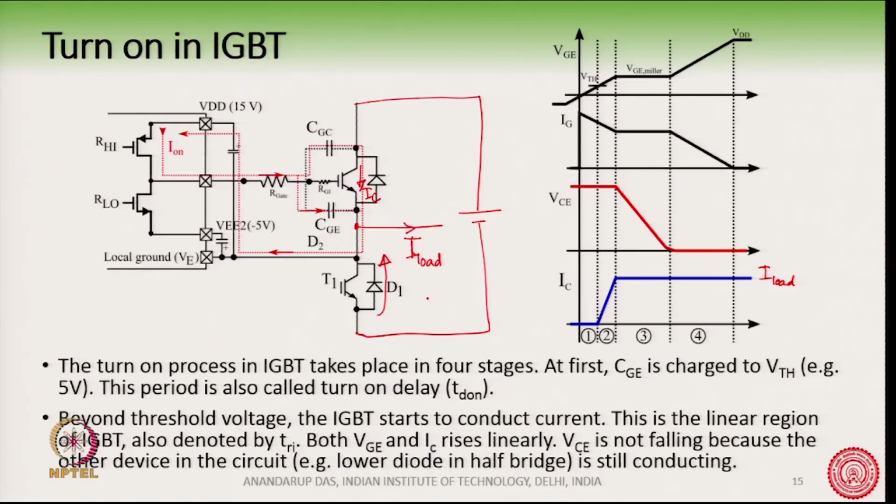So, this diode is still conducting, and since this diode is conducting, if you neglect the diode drop, this point's potential is the same as this point's potential, and hence the voltage across the IGBT is still equal to the DC bus.